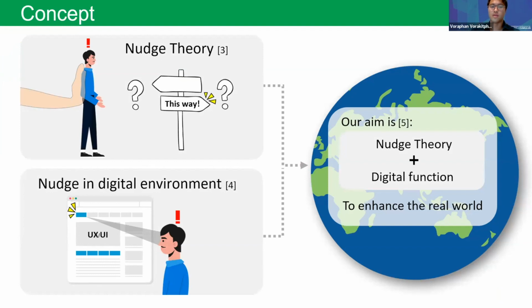So in our research, we borrow the theory of the nudge. Nudge theory is a method of reinforcement or indirect suggestion to influence desired behavior. For example, in the figure above left, the nudge guides people to the desired way using text that invokes their instinctive action.